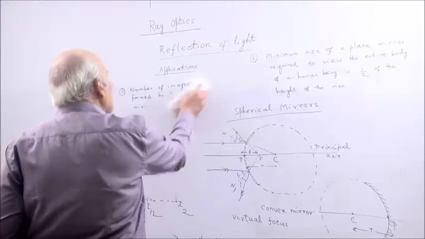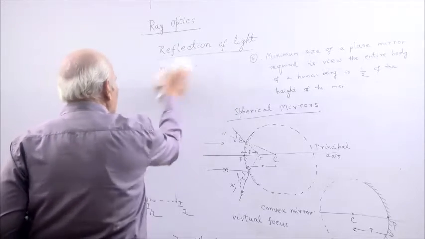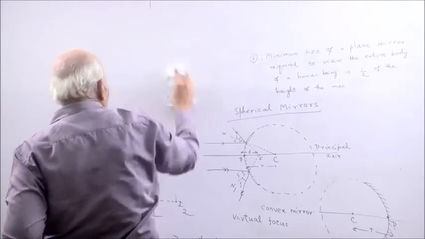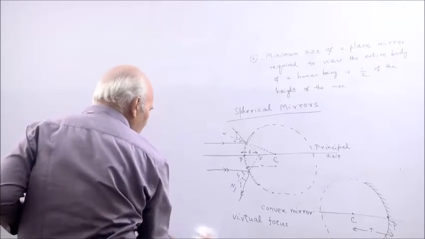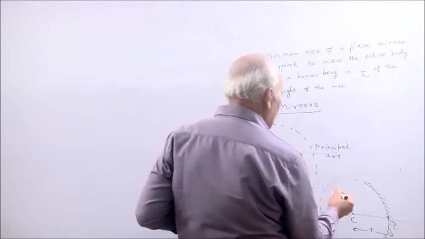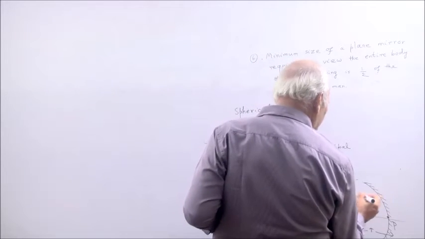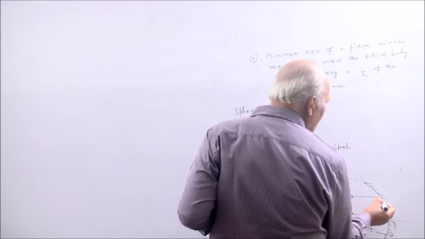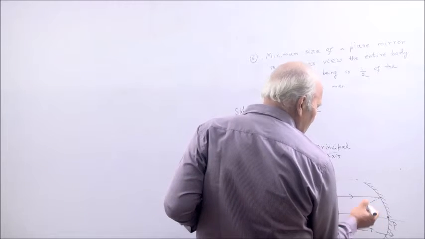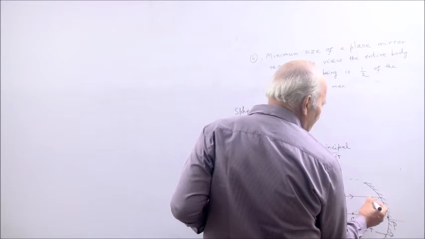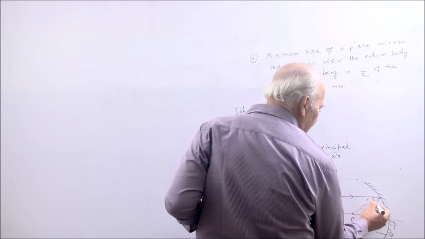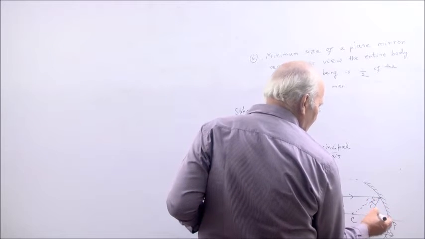Similarly, for the concave mirror also there is a focus, and that focus is real focus, because you see, suppose this ray goes like this parallel to the principal axis, then as usual you can join with the center of curvature, and this angle is say I, and this will be I. This is your focus.